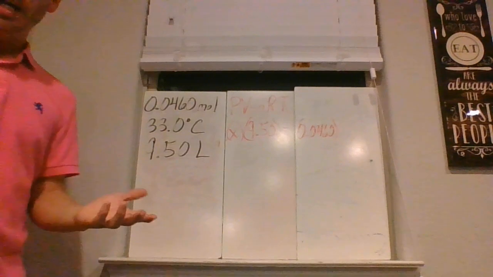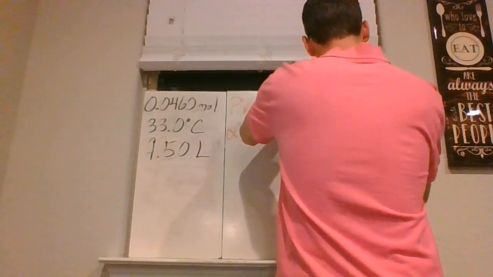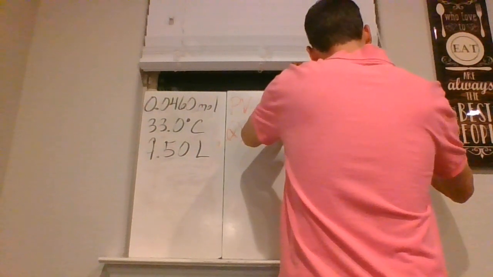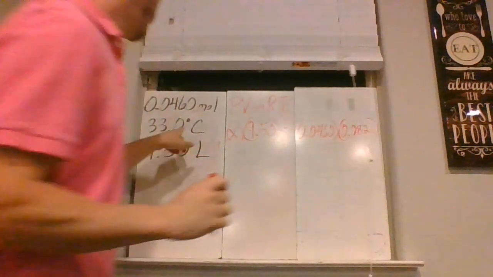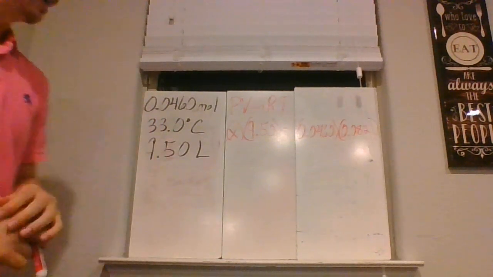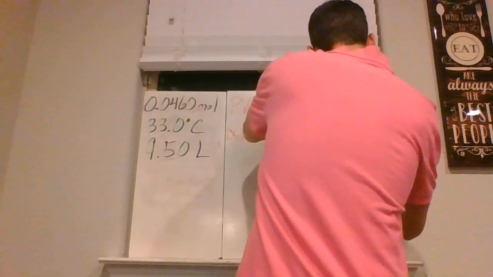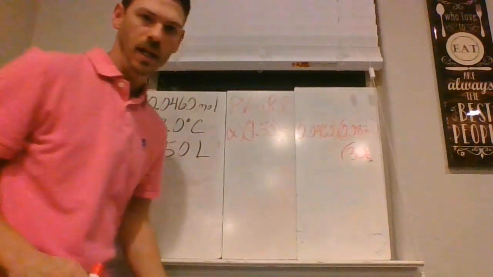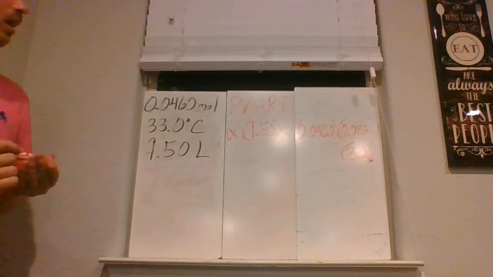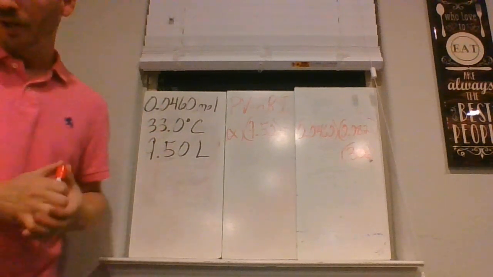My R value, of course, is my 0.0821. And then my temperature, but in Kelvin, is going to be sitting at 306. Apparently, I'm writing too big. But anyhow, solve for X.